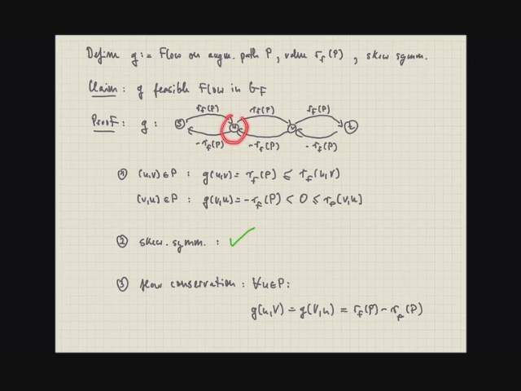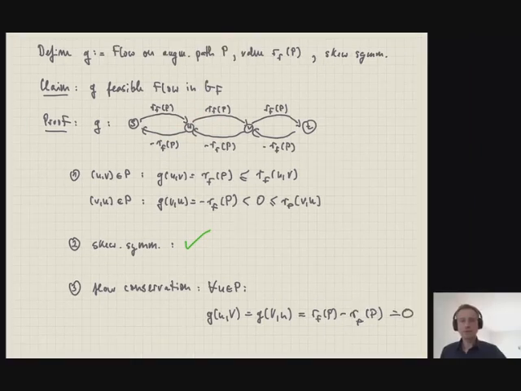If you look at an arbitrary node U on that path, there is one ingoing flow positively and one ingoing flow negatively, and the same for the outgoing flow. And that is obviously equal to 0.